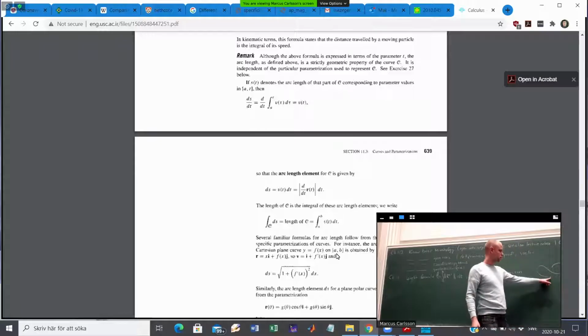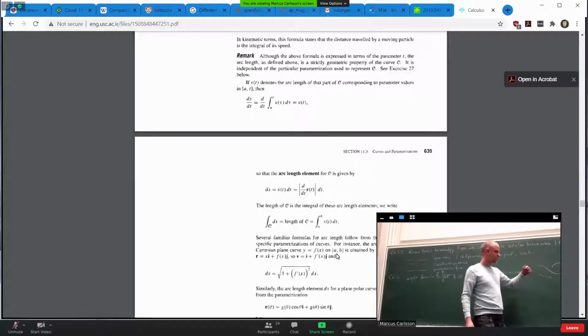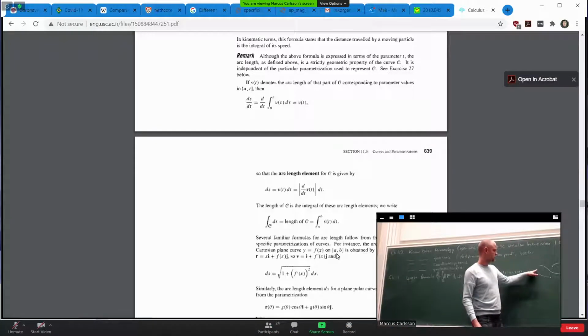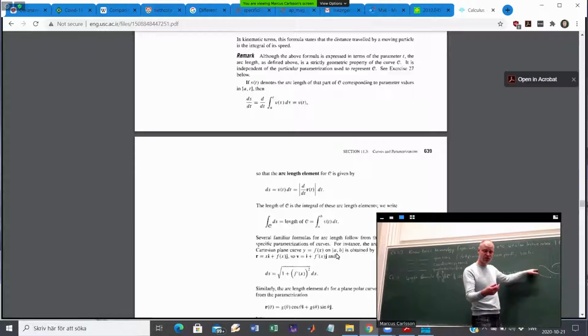But once I have one parameterization, I can do this integral, but not for b, but for any t along the curve. And then I get the length to that point where I am at time point t. That gives me a one-to-one function between time and length. And then I take the inverse of that and stick it into my original parameterization.